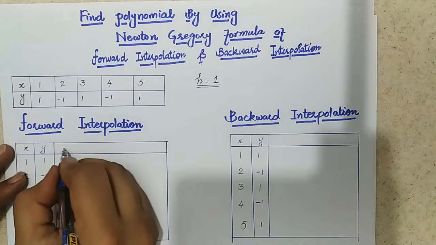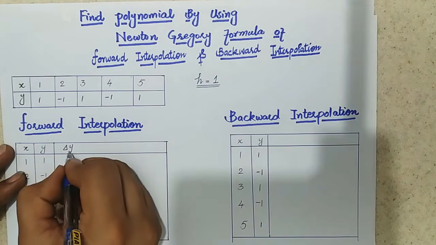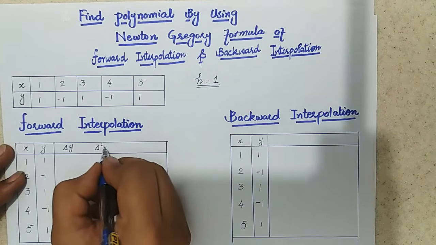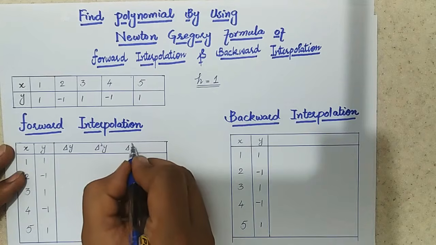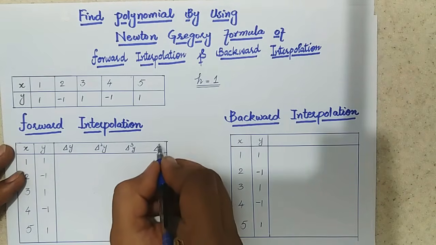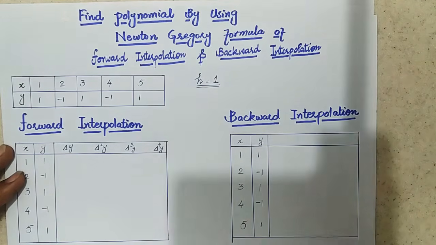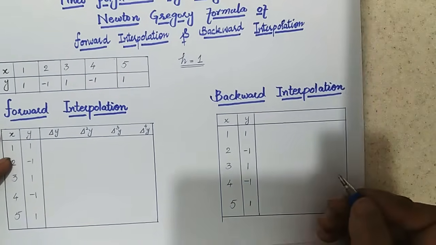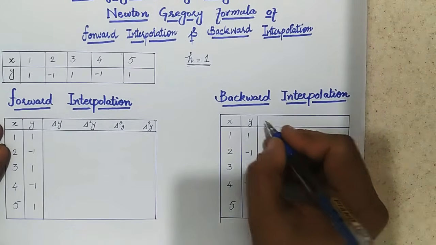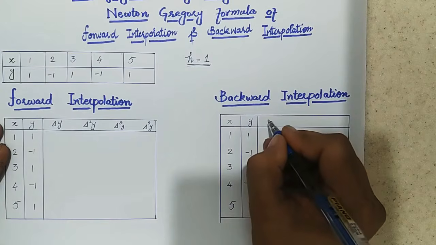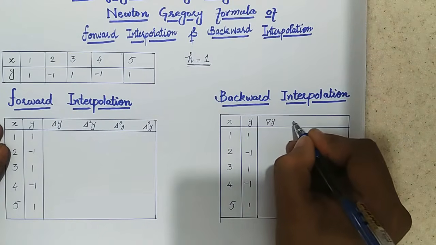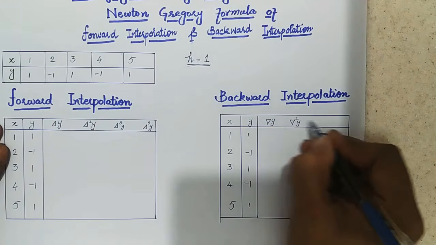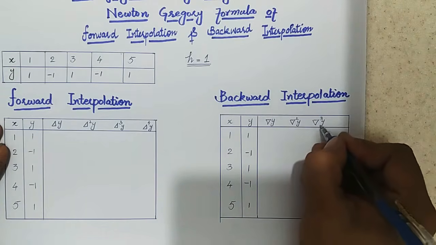So we will get del y, del square y, del cube y and del 4y with the forward operator, and similarly with the backward operator we will get del y, del square y, del cube y and del 4y.